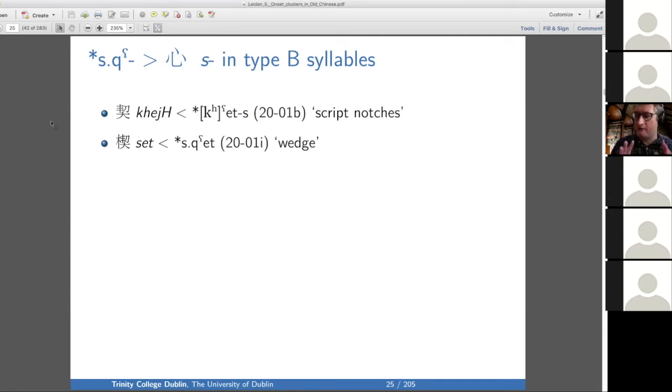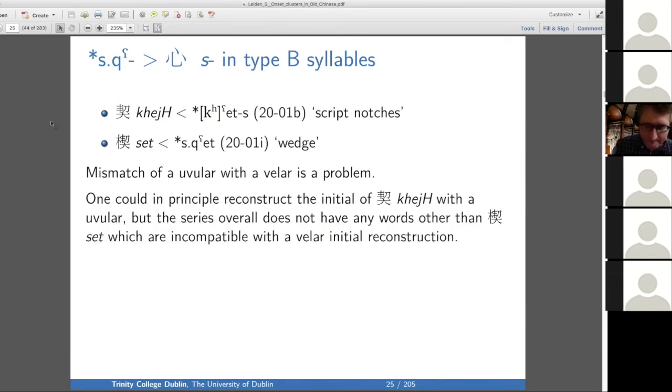But I just sort of point out to you that this is also a Sheshang relationship. So you can posit at least some kind of S cluster in the word wedge purely based on the Sheshang relationship. But the mismatch of the uvular with the velar is a problem.